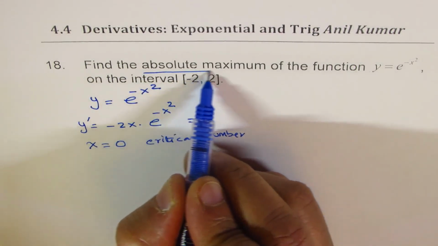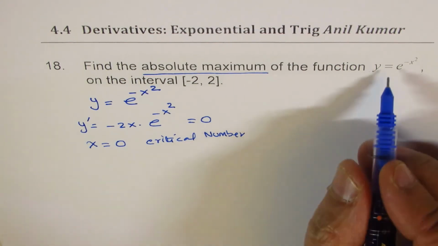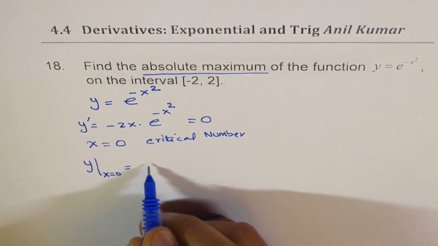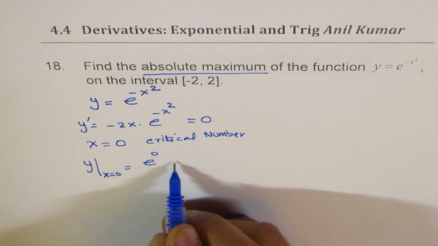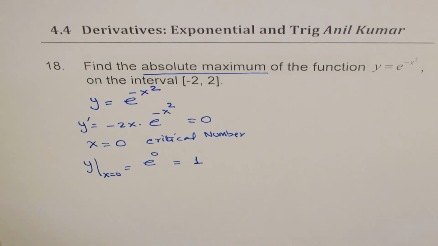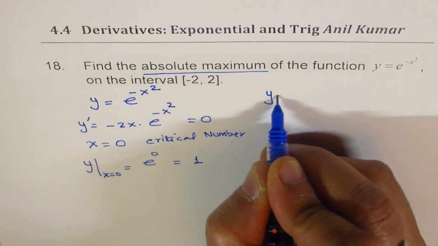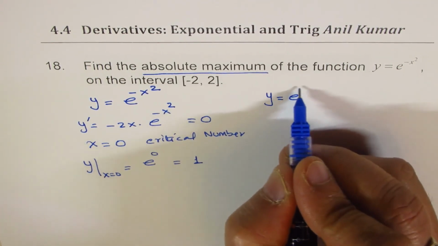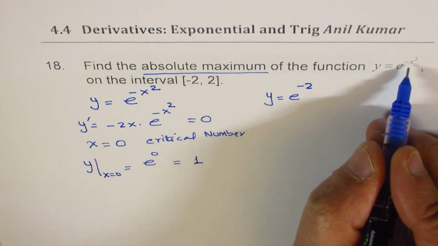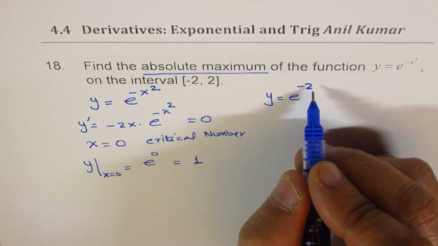To find absolute maximum, we'll find the value of the function at x equals to 0. So y at x equals to 0 will be e to the power of 0, which is 1, right? Anything to the power of 0 is 1. And then we'll find the value at the two endpoints. So y equals to e to the power of minus 2 square. Minus and minus becomes positive, we'll do that later.